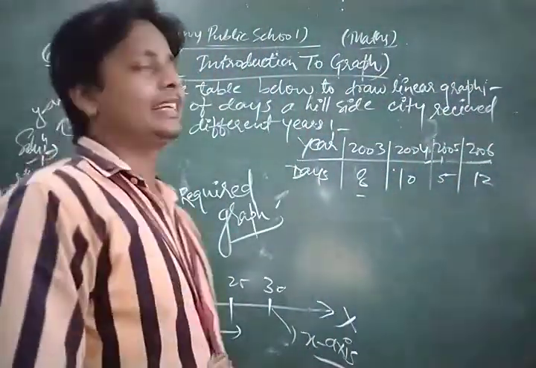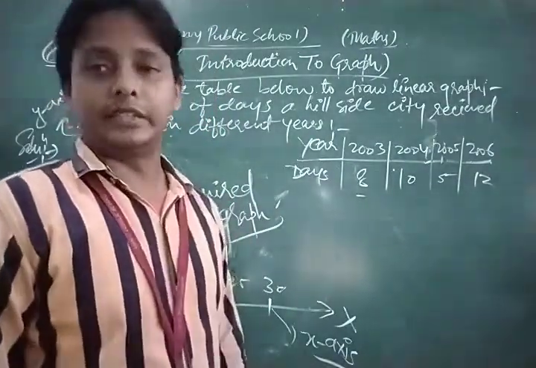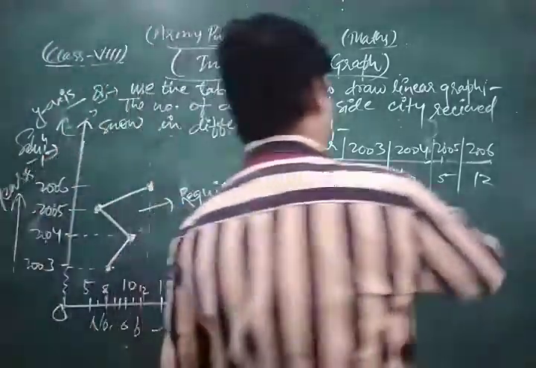Now we take and discuss the next and very important topic of your syllabus, which is the Cartesian coordinate system, and we take some important questions related to that topic. We just plot the points.